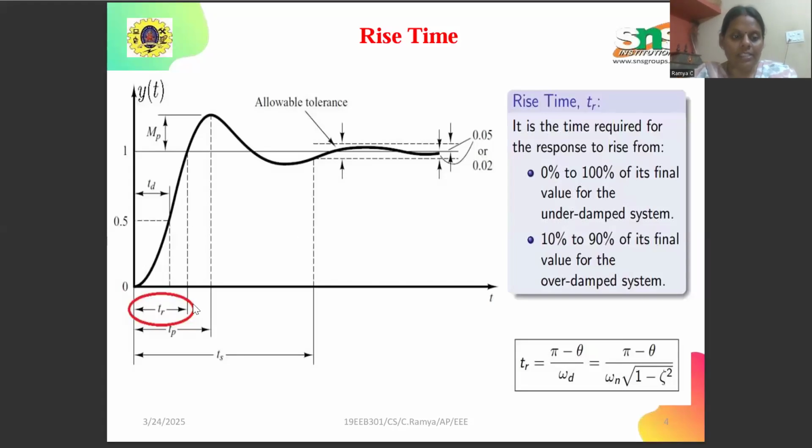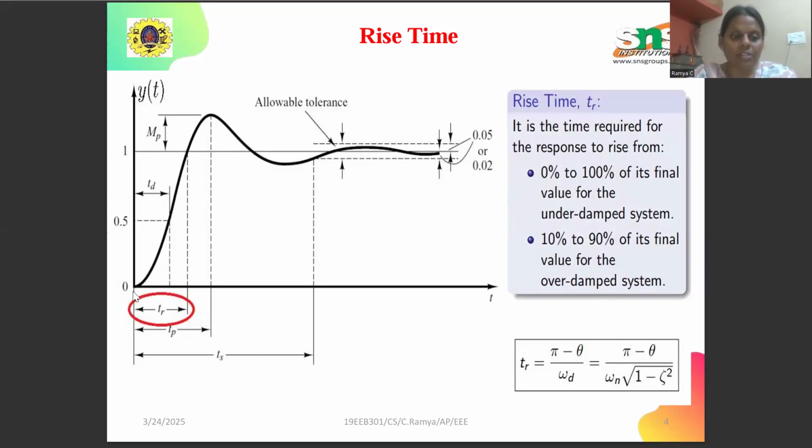Next one is the rise time. This is your rise time, which we have circled in red. After your delay time, it is the time till the value reaches 100%. We represent it as TR, the rise time. It is defined as the time required for the response to rise from 0 to 100% of its final value for the underdamped condition, and for the overdamped condition 10% to 90% of its final value.